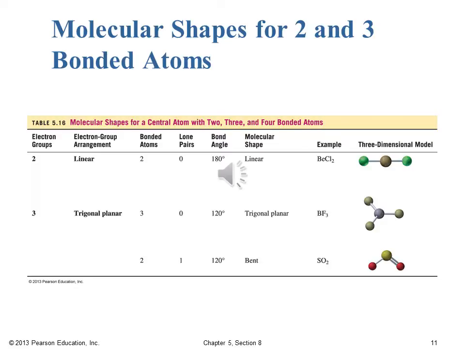So in the case of the 2 electron groups, we're a linear shape, and beryllium dichloride or beryllium chloride, if you're going to use the nomenclature for ionic or covalent, right? We'd probably say ionic because it's a metal and nonmetals, but the fact that we're talking about molecules suggests that it's a covalent bond. So we name it both ways, actually.